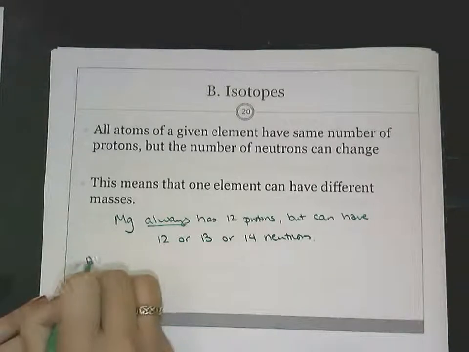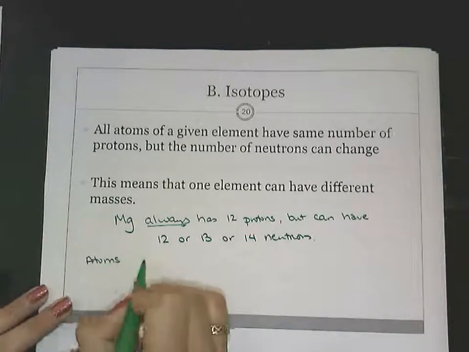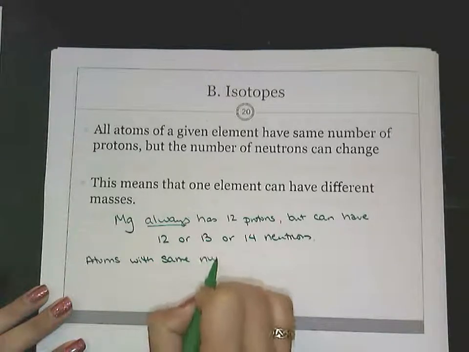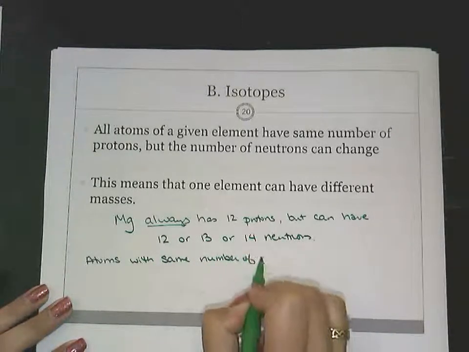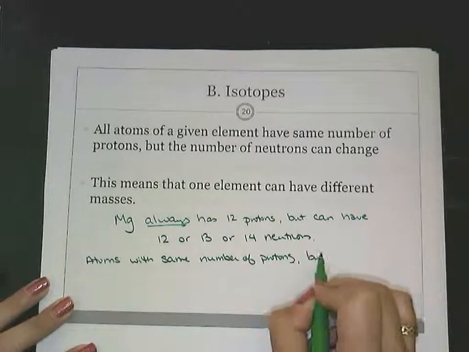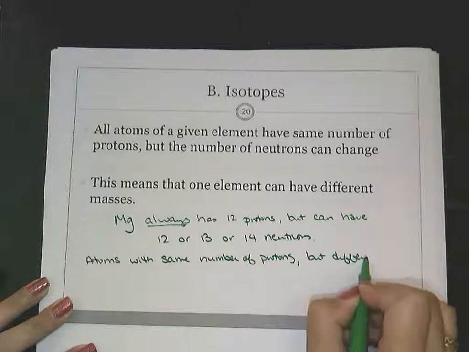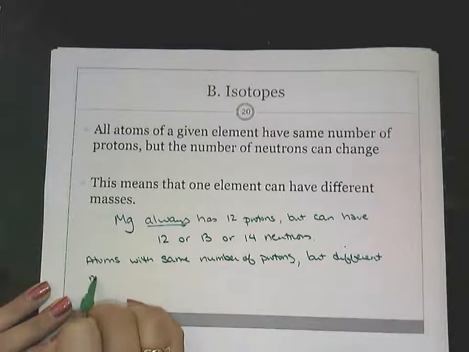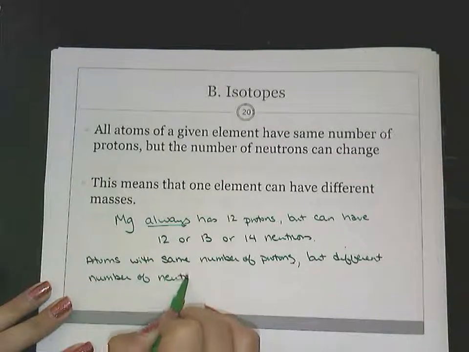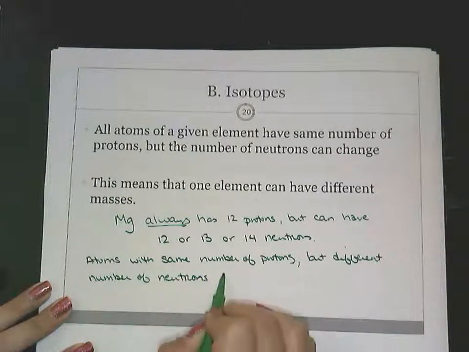So atoms with same number of protons but different number of neutrons are called isotopes.